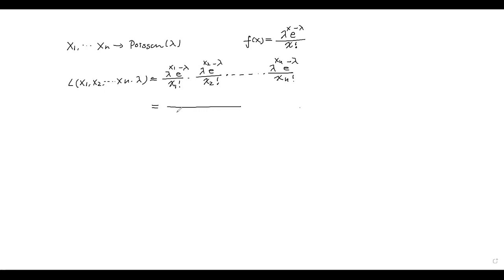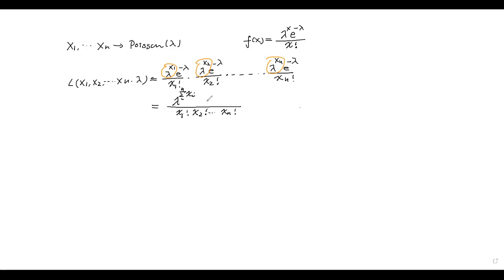Then we are going to use a little bit of algebra to combine it. The denominator is really you just multiply them, so it's x1 factorial times x2 factorial all the way times xn factorial. Then for the lambda to the x1 and so on, when you multiply, you just add the exponents, so this will be lambda to the summation of xi, i from 1 to n.